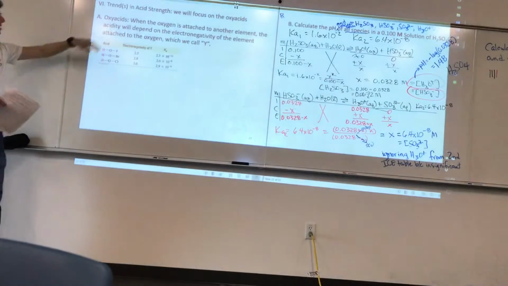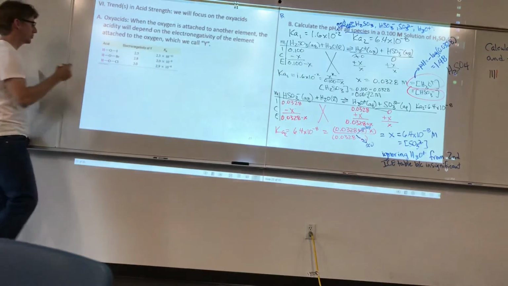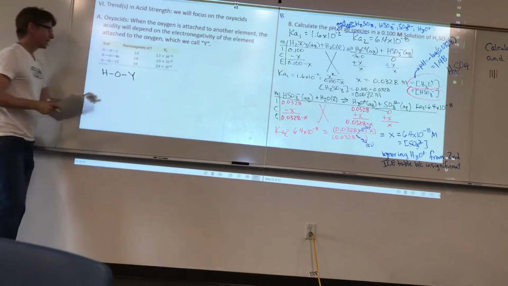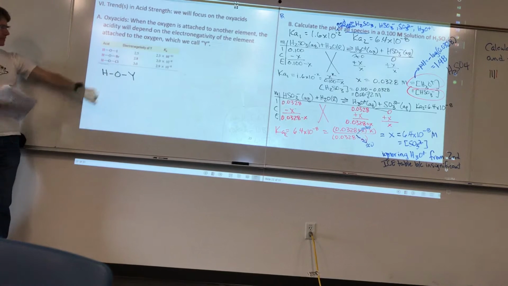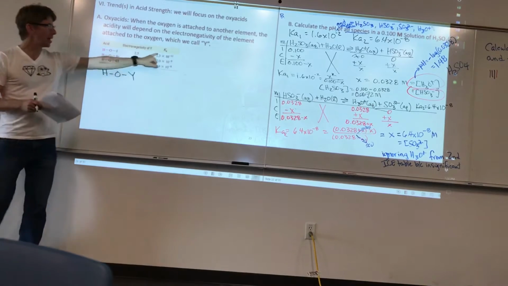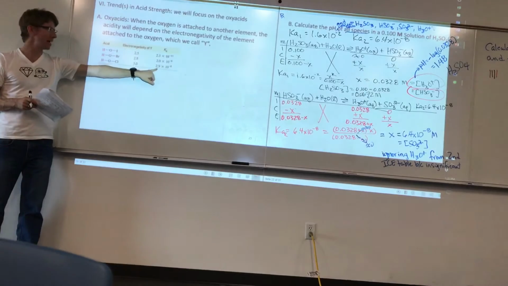With the oxyacids, when the oxygen is attached to another element, the acidity will depend on the electronegativity of the element attached to the oxygen, which we call Y. So if I attach Y to oxygen, you can see that Y is going to be chlorine, bromine, and iodine. And we look at both the electronegativity and the Ka values.